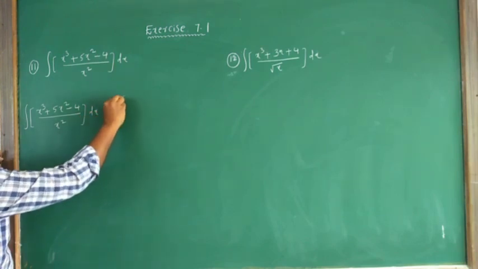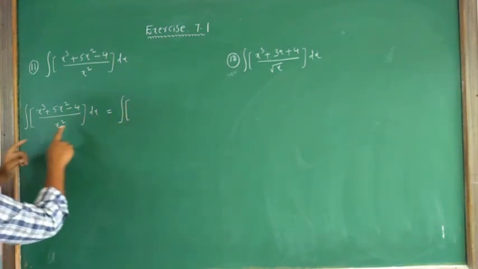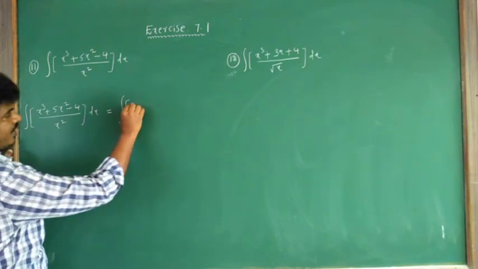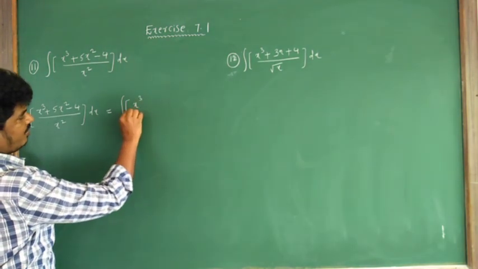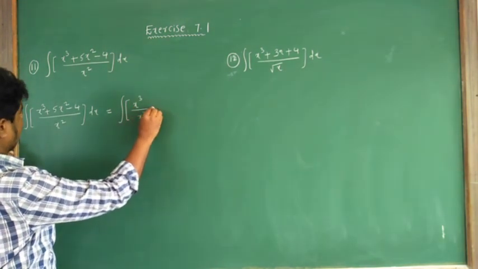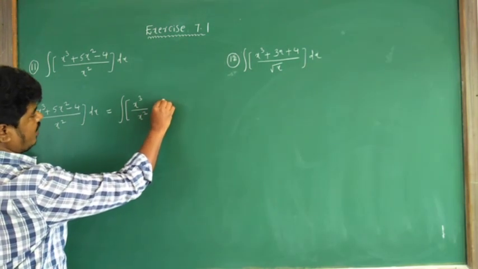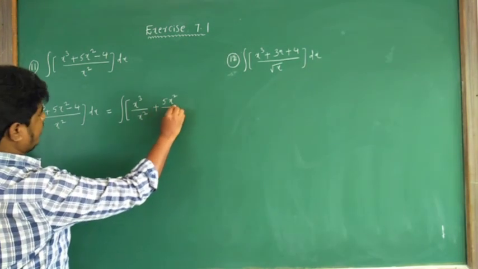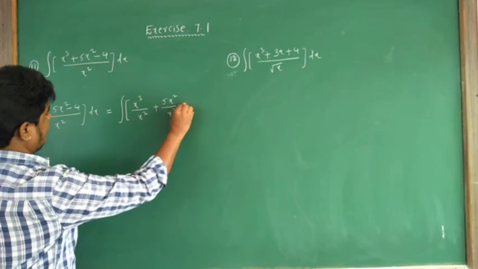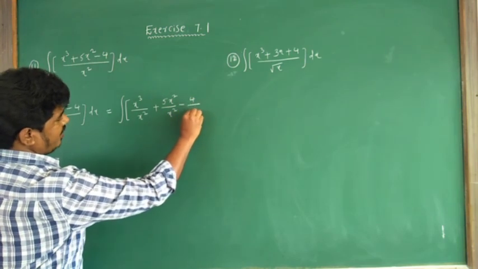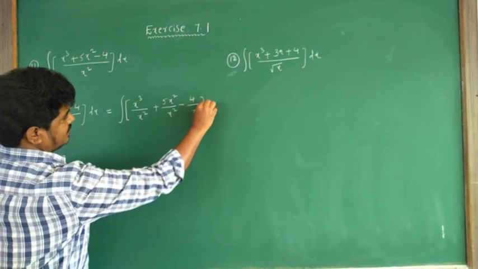It is equal to the integral of, taking this x square separately, x cube divided by x square plus 5x square divided by x square minus 4 divided by x square dx.